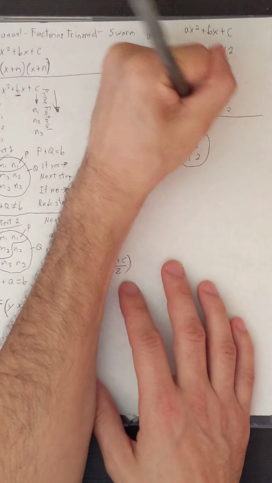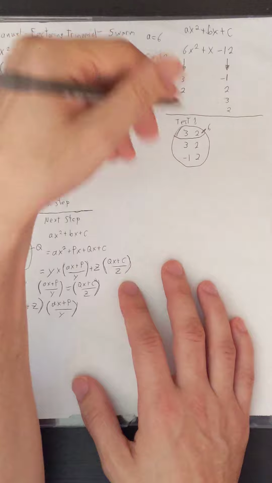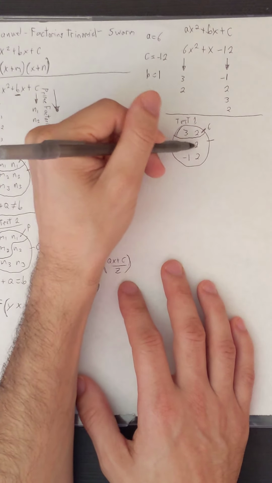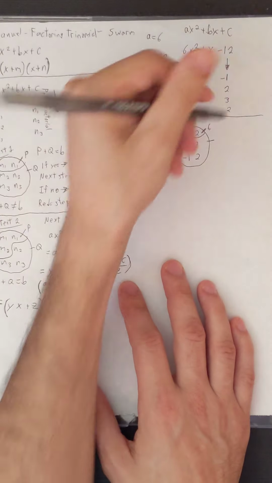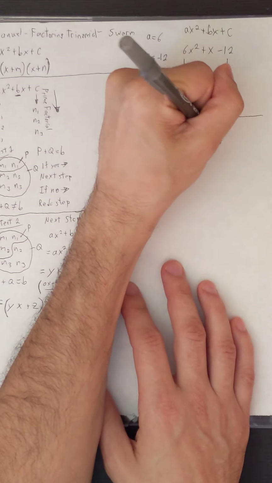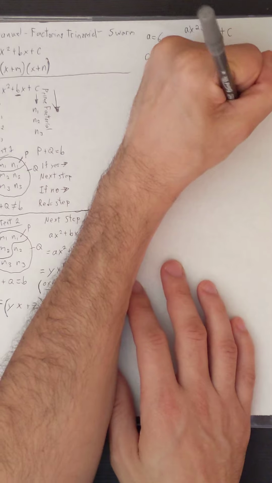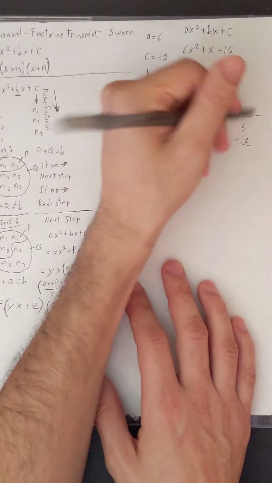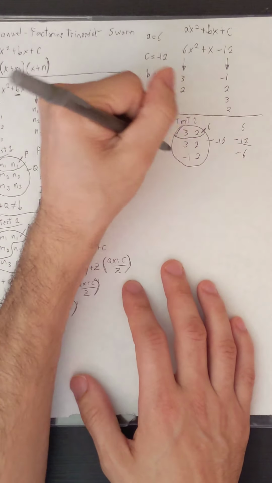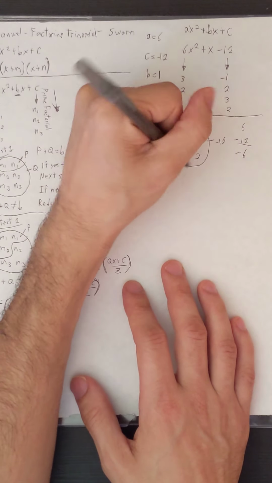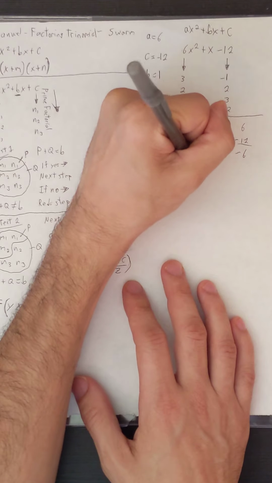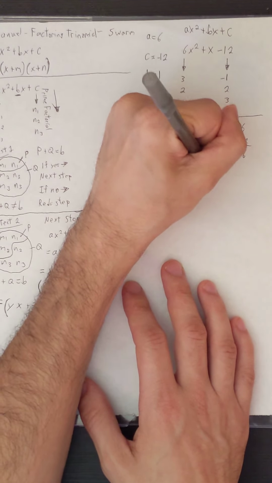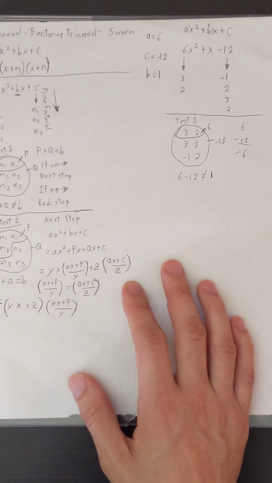So 3 times 2 is 6. 2 times 2 is 4, times 3 is 12, that's -12. Oh, it turns out we got our same values. But does 6 plus -12, or 6 minus 12, does that equal 1? No, it doesn't. It equals -6, right? So in this case, 6 minus 12 does not equal 1, and at this point we actually don't care what else it equals, as long as it doesn't equal 1.